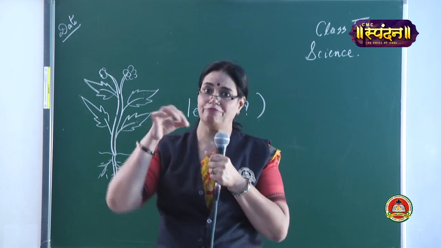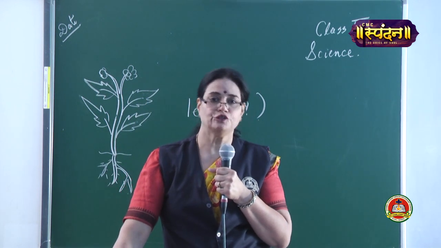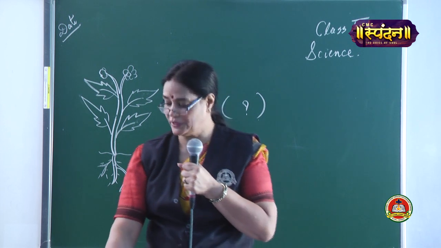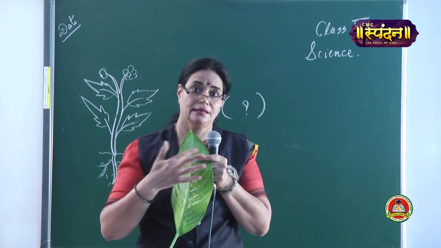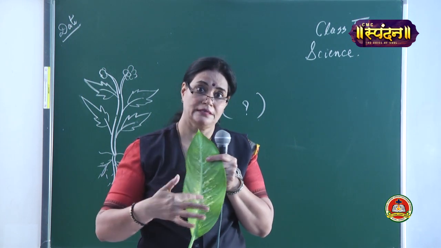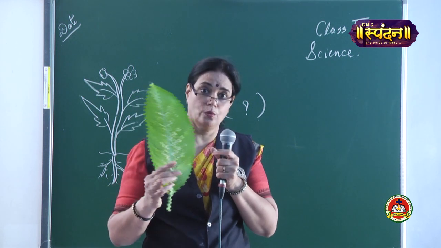Then you have to dip one leaf inside it. Leave it for the whole night. And next day what you will see? These veins, they will be colored. This midrib, mid-vein and these side veins will be colored. Why?